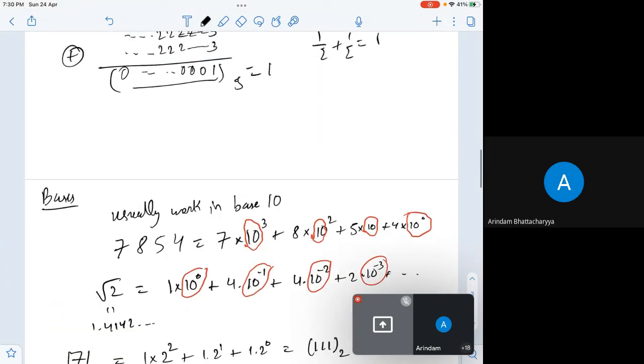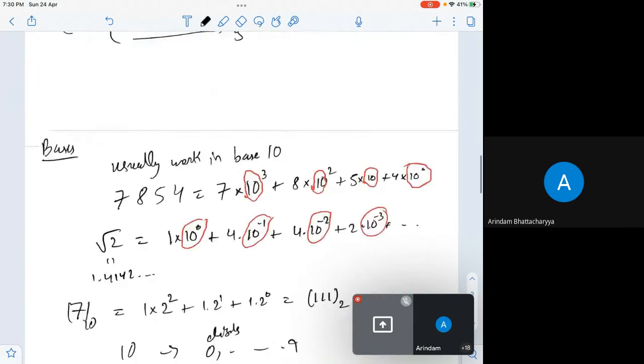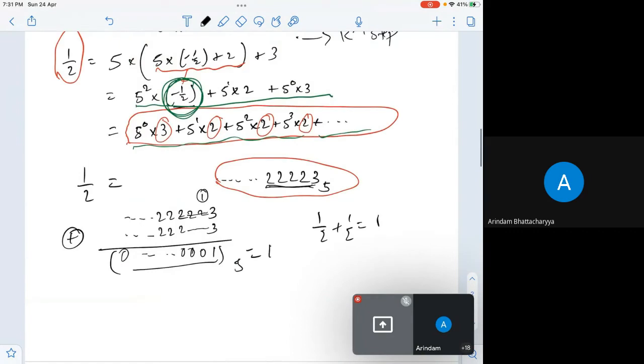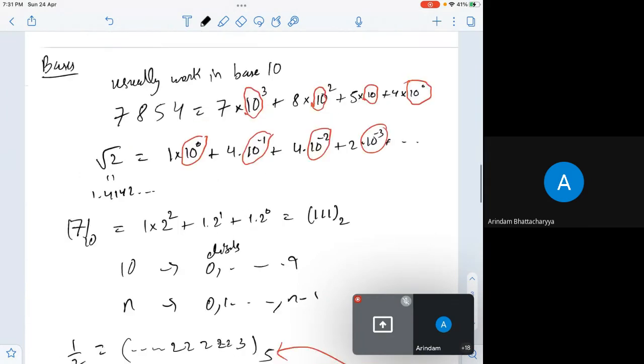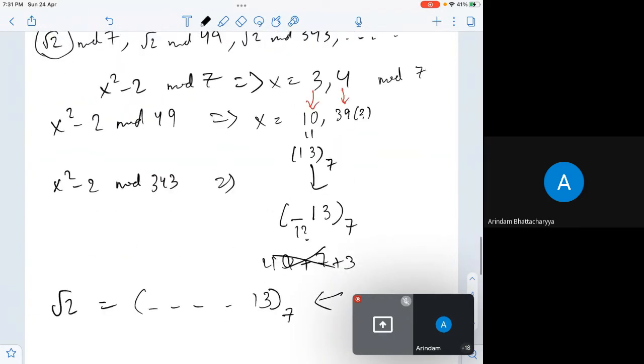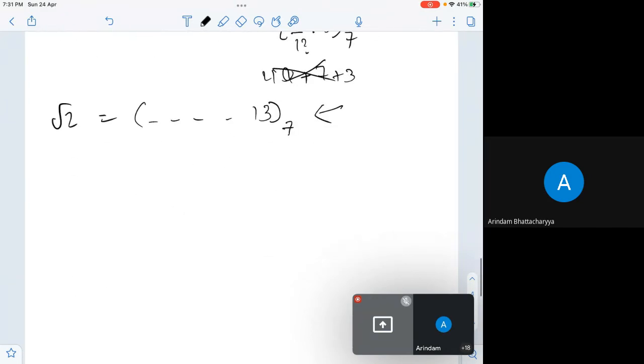Where's the half case? For half, I did the expansion earlier, and then I talked about inverses mod 5 to the power n. Here I'm doing the opposite. I did the mod 7 to the power n thing first, and then I want to talk about the expansion. Is this fine?